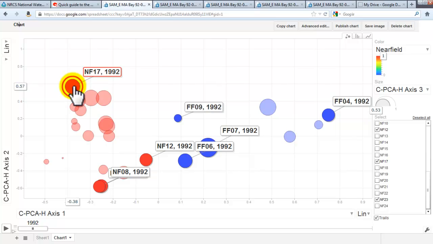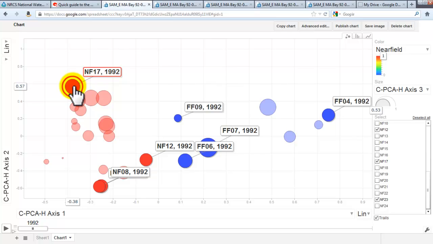So the basic technique is called PCA-H. Angeliki Evgenidou has developed a very important modification of it called canonical PCA-H, where you put a constraint on these ordination diagrams that they must be linear functions of measured environmental variables. These include grain size, total organic carbon, depth, and in this case, year as an indicator variable.